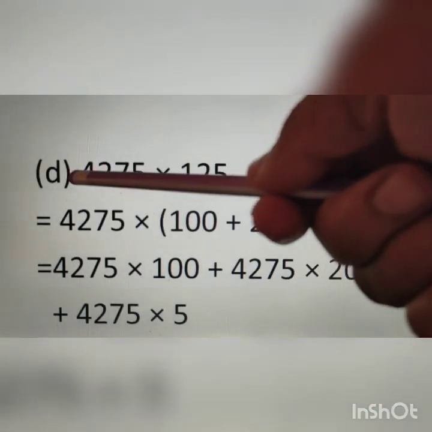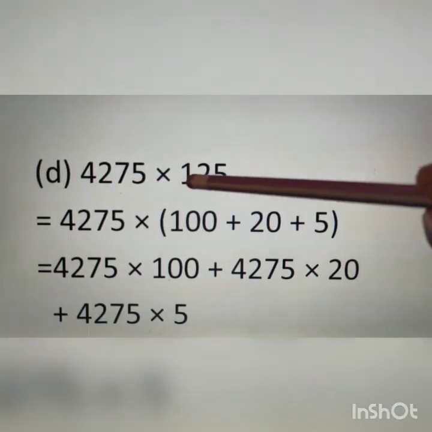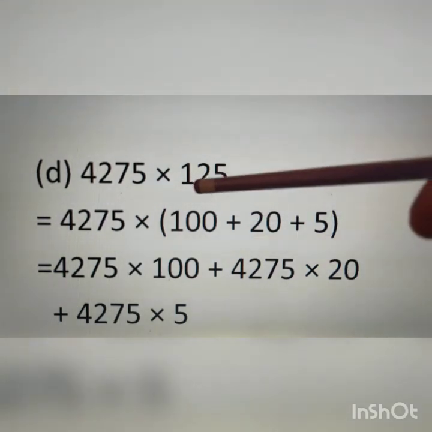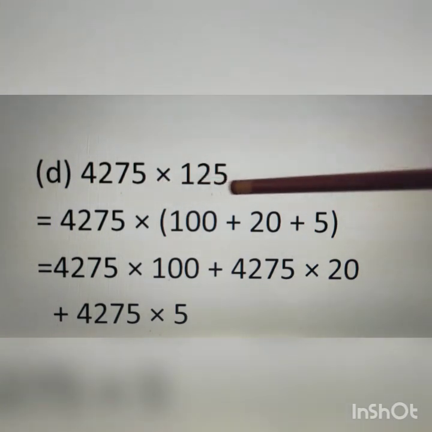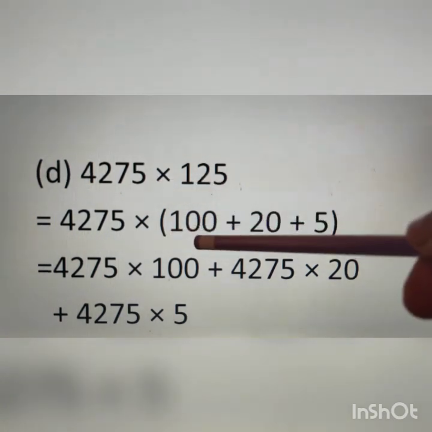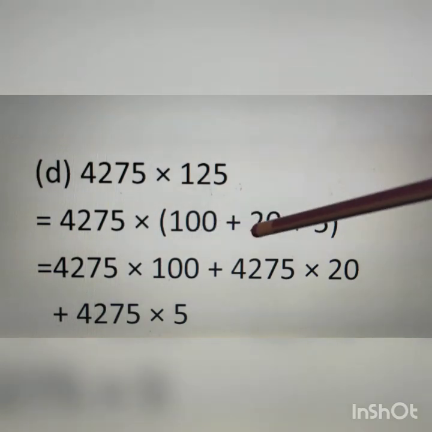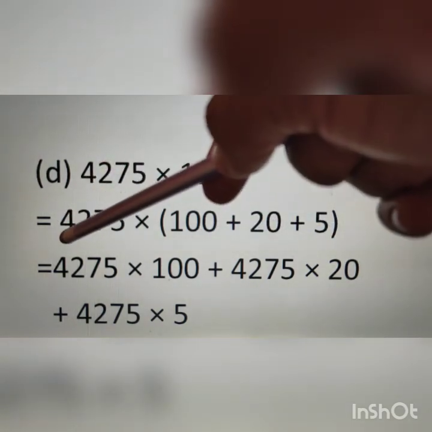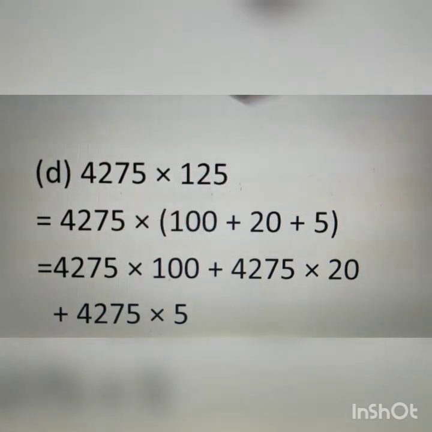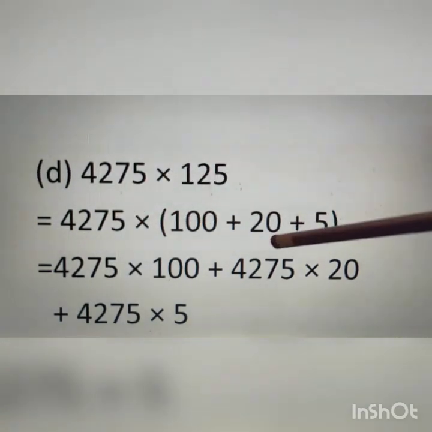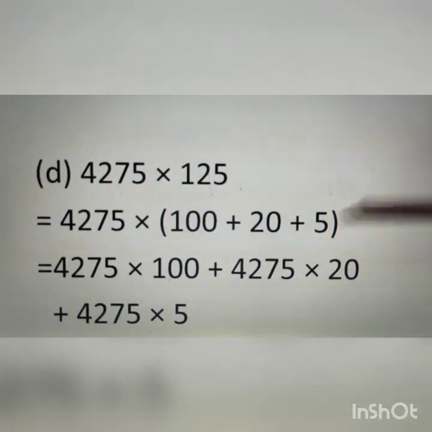Question number D. 4,275 multiplied by 125. To make the calculation easier, I split the 125 into 3 terms. 100 plus 20 plus 5, which is equal to 125. And this 100, 20 and 5 is common to 4275. So by distributive property, 4275 will multiply with 100, then 20 and then with 5.